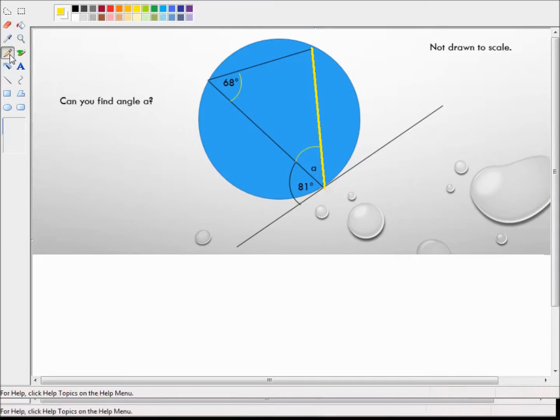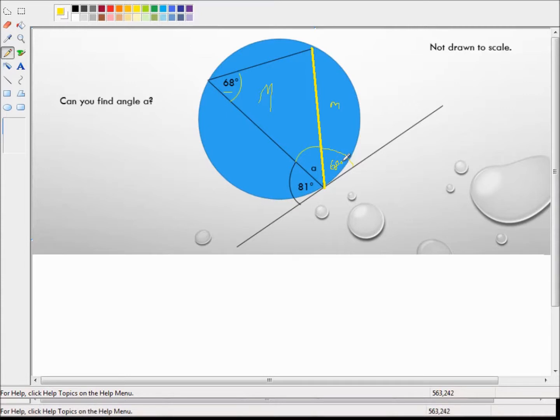And then I could have said that this is the minor segment and this is the major segment. In which case the angle that subtends this chord is 68 degrees, and therefore this angle here is 68 degrees.